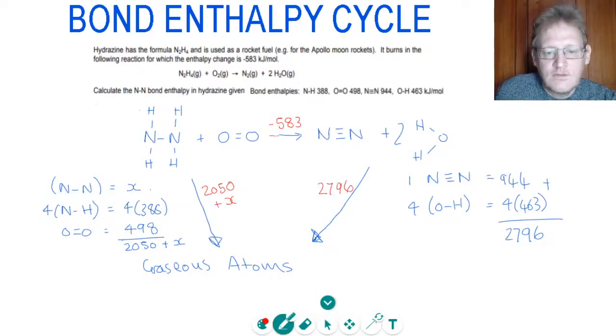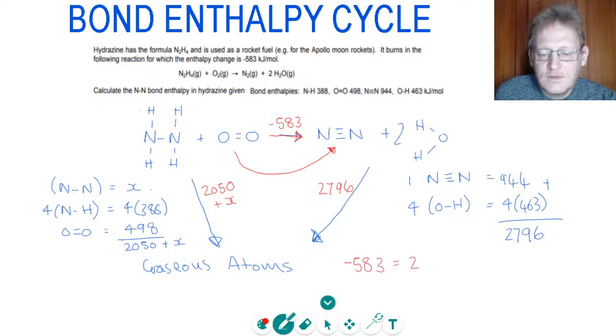we can see for the reaction, where we're going from reactants to products, we're going with the reactant arrow and against product arrow. Enthalpy change for the reaction equal to 2050 plus X, and then we're going against product arrow, so we change the sign, that will be minus 2,796.